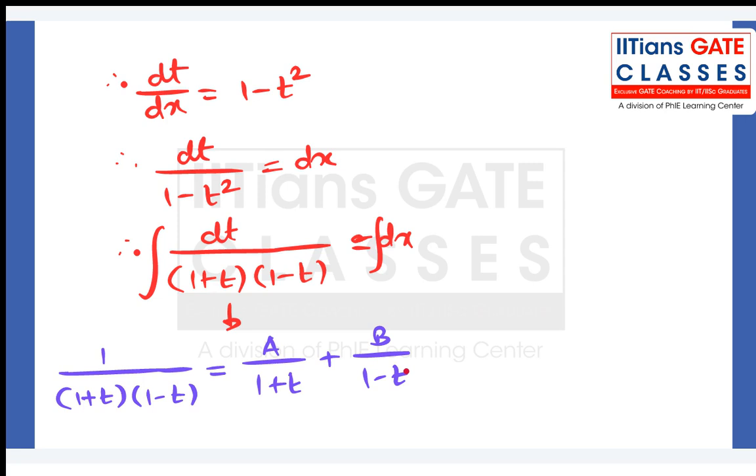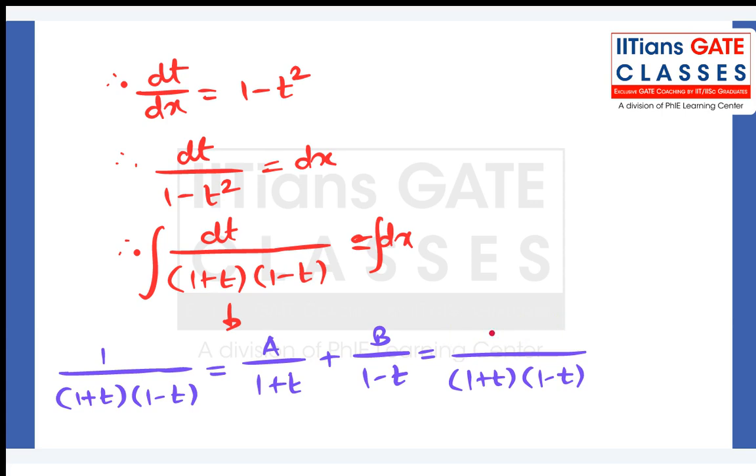The first thing that I can write from here is a plus b must be equal to 1. Okay, maybe I'll not skip that step, otherwise somebody might get confused. So you can write this as 1 plus t is okay, 1 minus t remains the same. This will become a minus at plus b plus bt. Or in other words, I can write this as a plus b and b minus a into t.